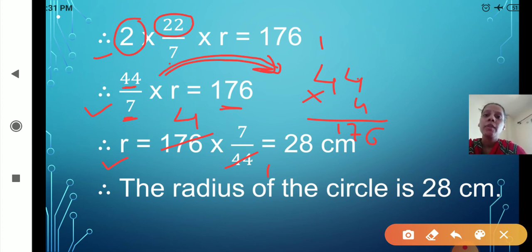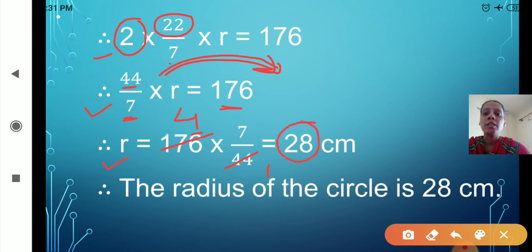So we will cancel 176 and write 4 there, and here 44 ones are 44, so here it is 1 and here it is 4. Now in the numerator this is 4 and here it is 7. So 4 multiplied by 7, 4 sevens are 28 centimeter. So the answer, the radius of the circle, is 28 centimeter.